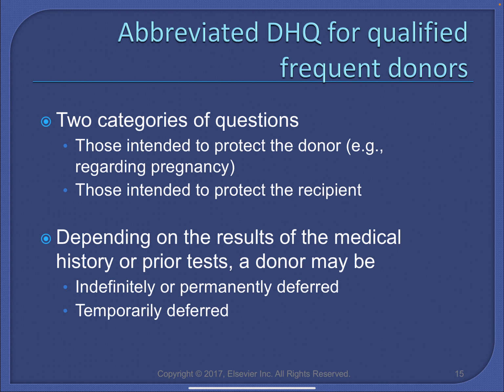And of course, at one point, this frequent donor has completed a full-length DHQ, especially if they've had more than one of these full-length DHQs in the last 6 months. Once you have that, you can do an abbreviated form of the DHQ. The abbreviated form is also approved by the FDA, and again, it is just given to qualified frequent donors, and we just want to streamline the process and get a little faster with that.